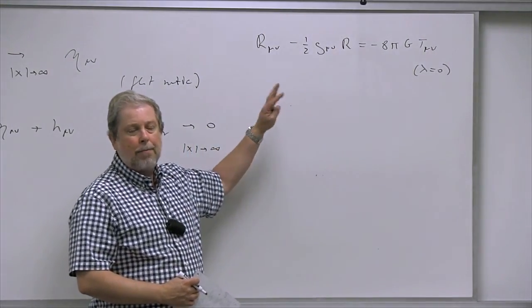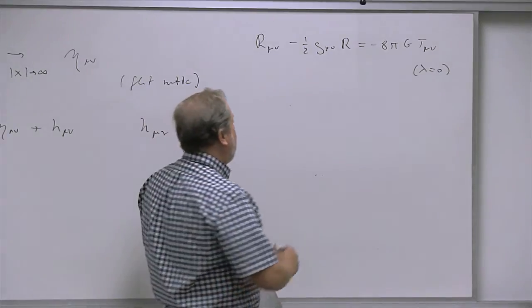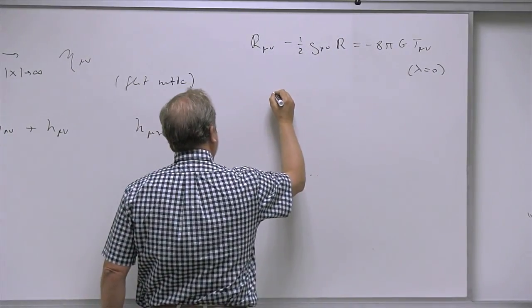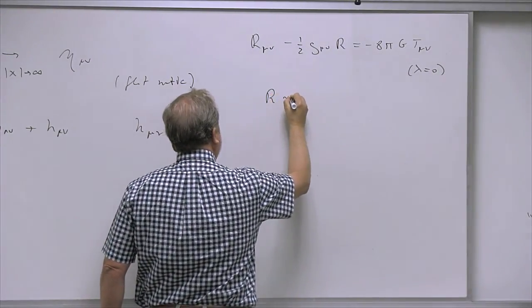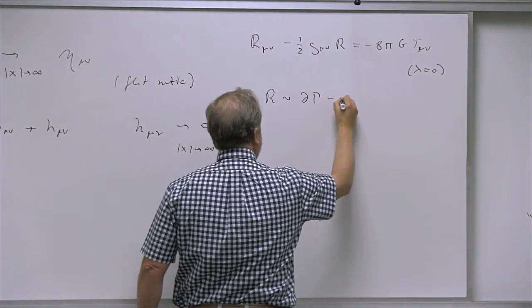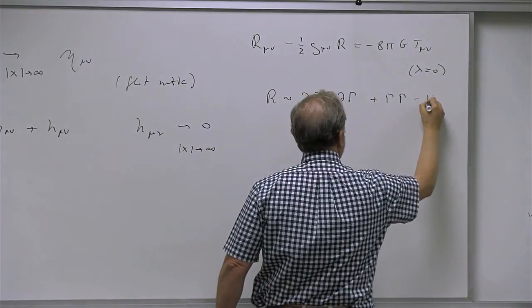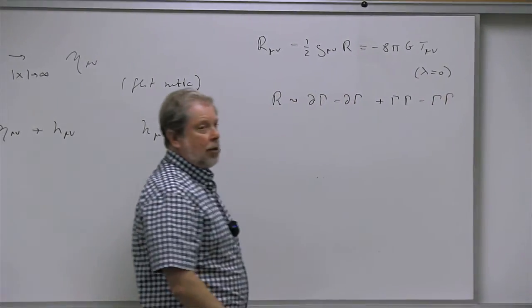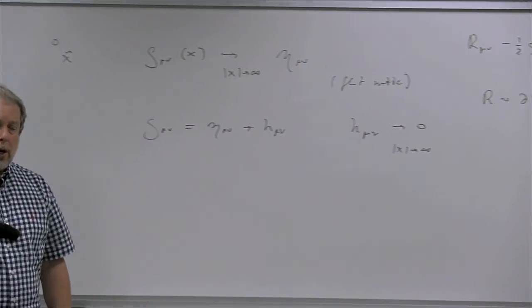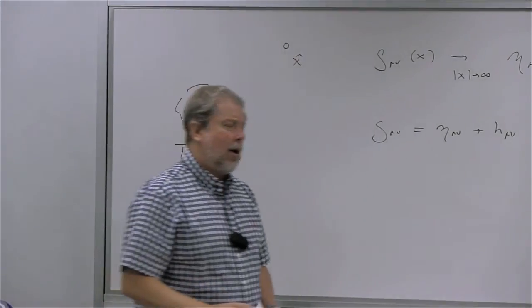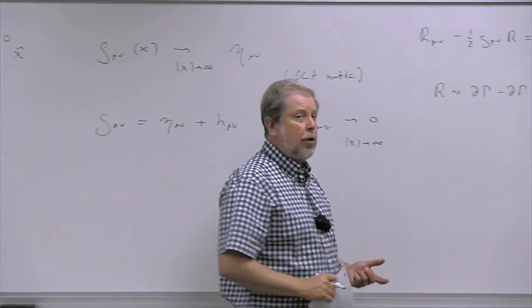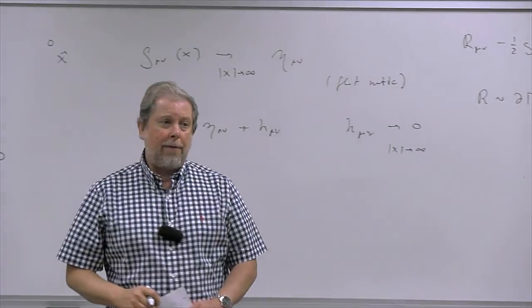In other words, how does the metric appear in it, right? Because the problem is that, of course, the R is something like dΓ minus dΓ, the Riemann tensor, plus ΓΓ minus ΓΓ. So the Riemann tensor is some complicated, not too complicated, but fairly complicated expression in terms of derivatives of the affine connection.